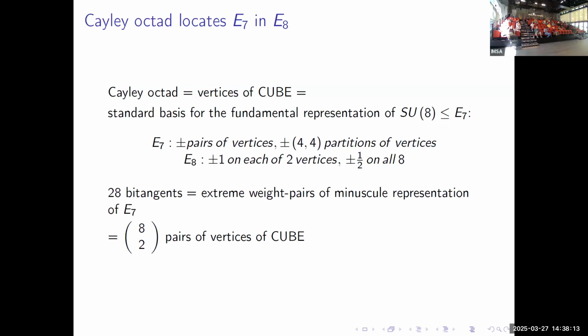And once you have those axes for the fundamental representation of SU8, then by taking plus or minus pairs of vertices and 4 partitions of those basis vectors, okay, you get all the roots of E7.